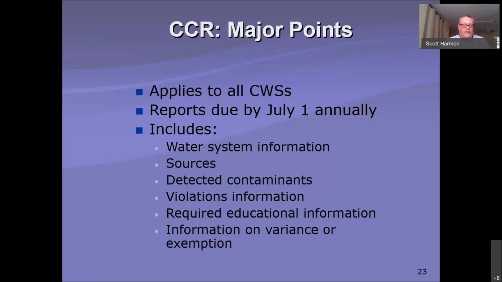So if you weren't keeping records on your testing and things, it required you to do so. And again, that educational statement had to go in there so people could understand exactly what some of those effects were. Phone numbers, additional information about the water system, and the EPA Safe Drinking Water Hotline. All those things were required to be in the consumer confidence reports. And to this day, those things are still the required information that goes into them.